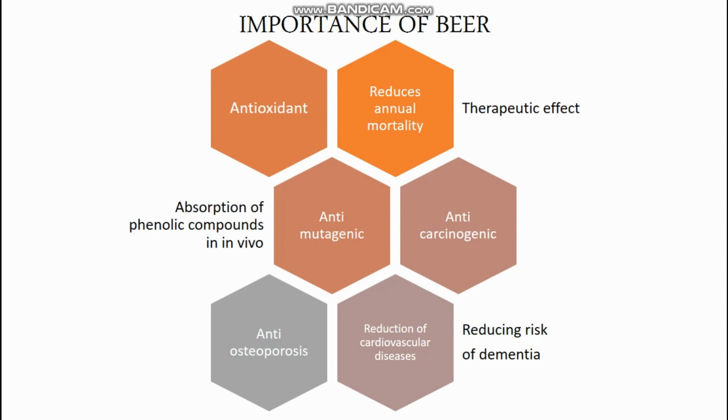So the mortality rate is reducing. It also has a therapeutic effect on the drinker and also helps in absorption of phenolic compounds in the in vivo process. Beer has anti-mutagenic and anti-carcinogenic effects.